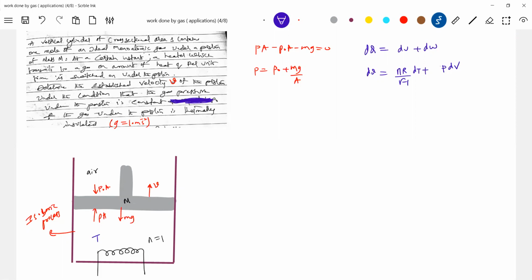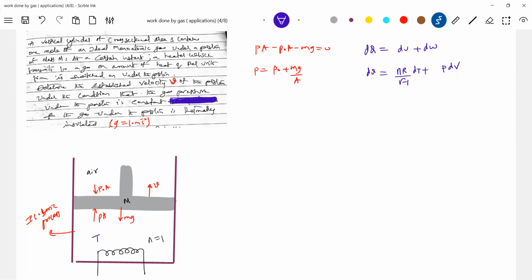Okay, I'll strike it out. Determine the established velocity of the piston on condition that the gas pressure under the piston is constant, and the gas under the piston is thermally insulated. Okay, fine, I just made changes. Okay, sir. Or you would have said pressure P instead, since we know mass and pressure.